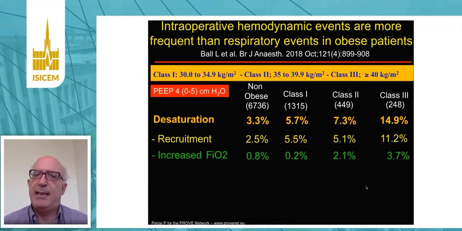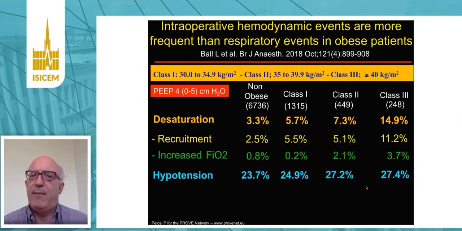We also observed that desaturation was common, but not as frequent as we expected in obese patients, even when treated with lower levels of PEEP, around 15% in class 3, and the reaction of anesthesiologists was mainly to apply a recruitment maneuver and not to increase FiO2.